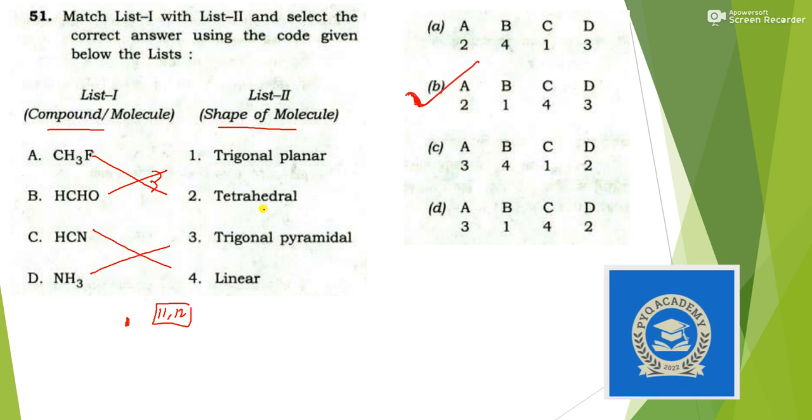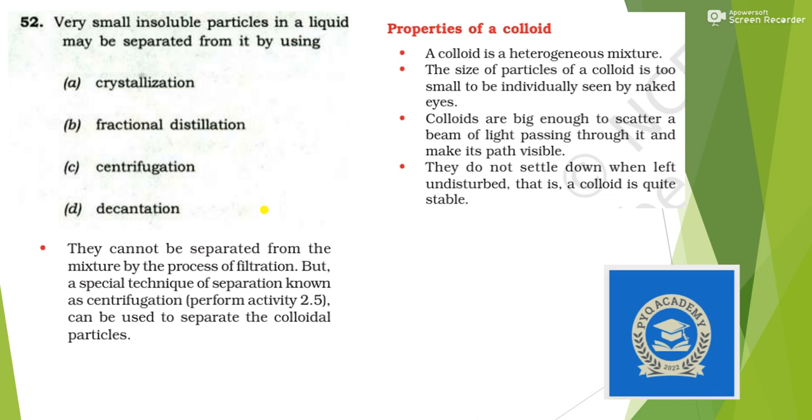Let's move to the next question. Yes, this question can be solved. It is taken from class 9. Very small insoluble particles in a liquid may be separated from it by using which method? They cannot be separated from the mixture by the process of filtration, but a special technique of separation known as centrifugation can be used to separate colloidal particles.